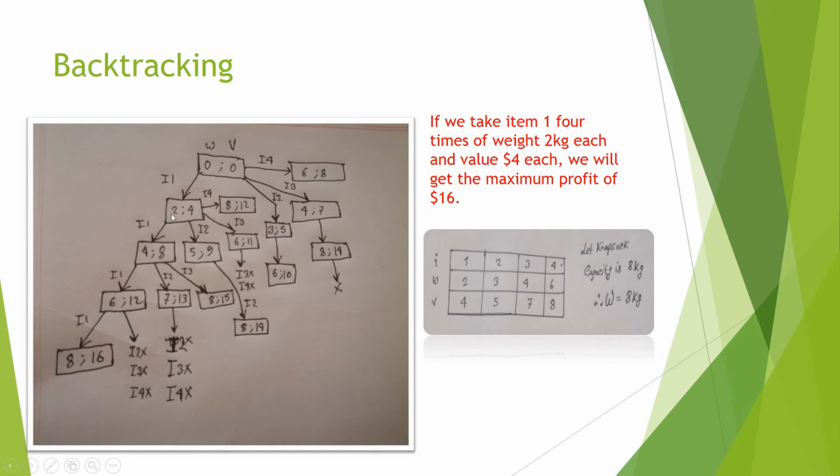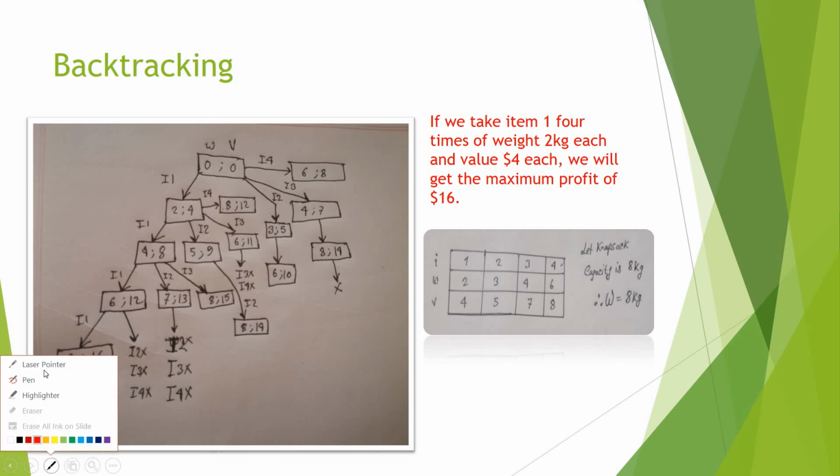Then if you are taking item 1 and then item 3, can we take any more items? Item 3 won't be possible to take, item 4 won't be possible to take, but we could take item 1 here. But why are we not taking item 1 after item 3? That could be a question.